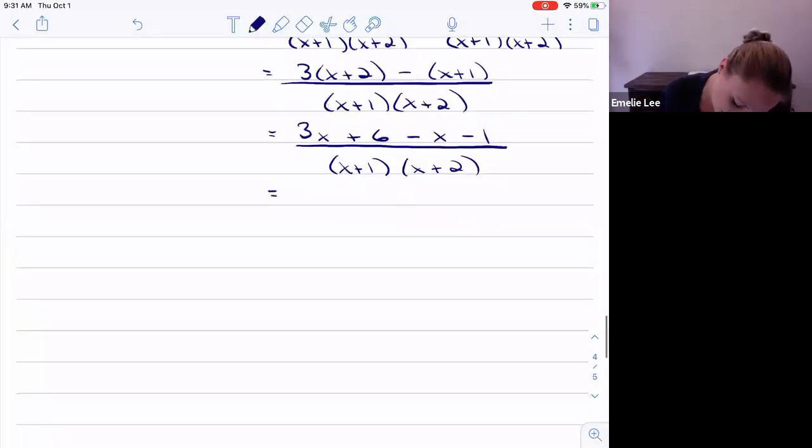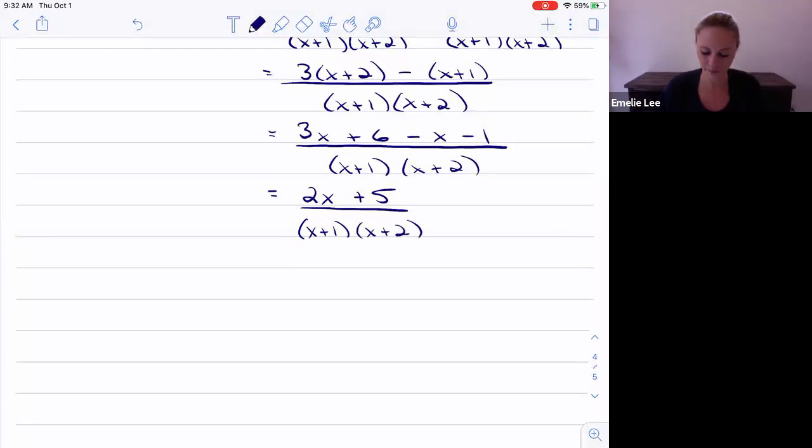So here I get 3x minus x puts me at 2x, and then 6 minus 1, so plus 5, over x plus 1 times x plus 2. I don't really see anything jumping out at me to simplify this anymore. I guess I could pull out a common 2, but then this would become a fraction, 5 over 2, which isn't that nice to deal with.